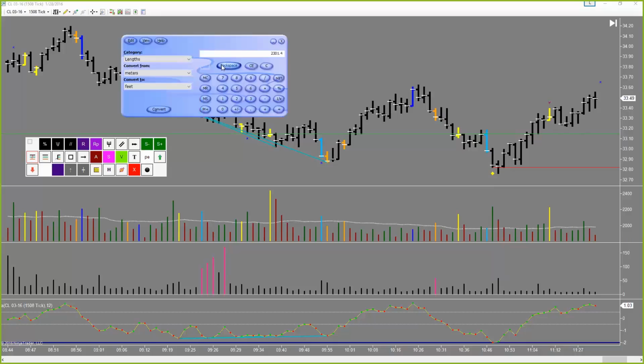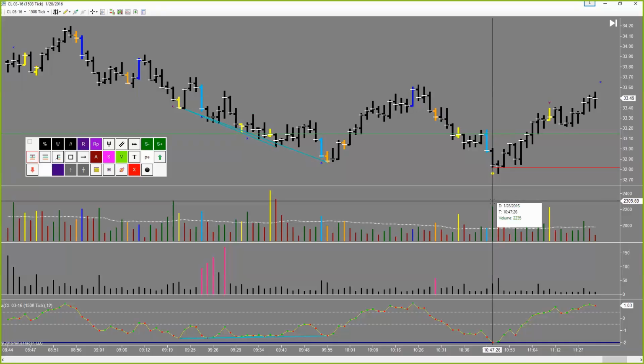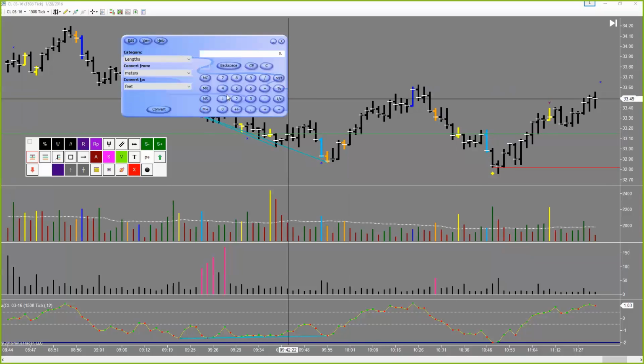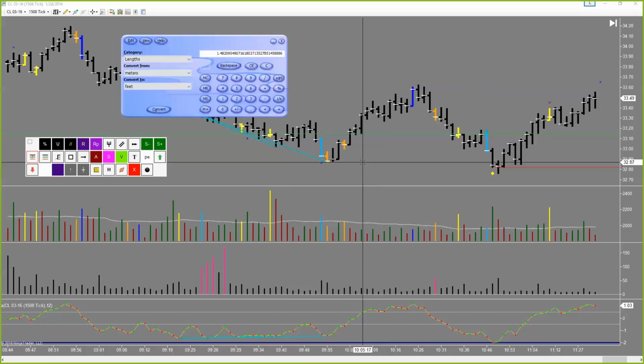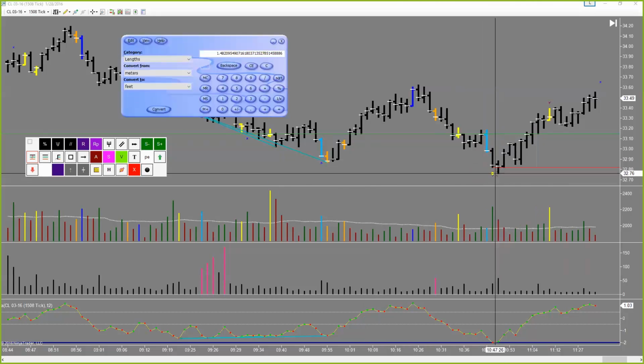So in this case, if this is a 1500 tick bar, let's see, how many do we have right there? 2235, and that is at 1045, 2235. So 2235 divided by 1508, that's 1.5 contracts per tick on average.